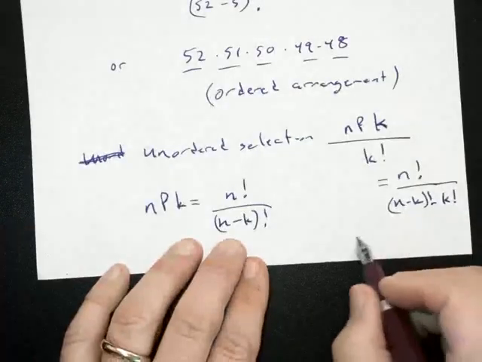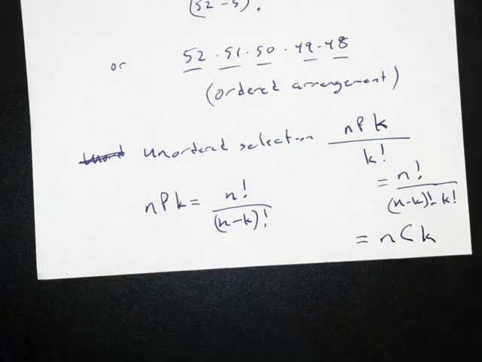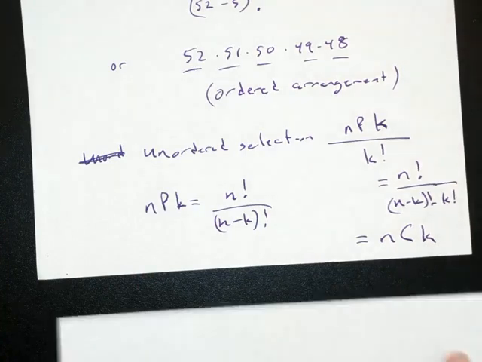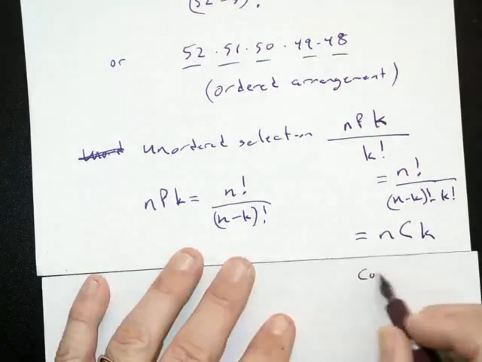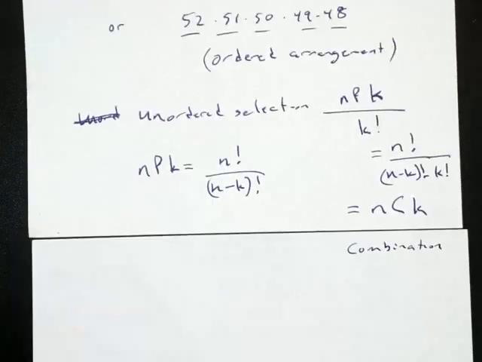We're going to call this a combination, nCk. So I have permutations and I have combinations. Again, I'm still not allowed to repeat things. All of this assumes that your cards or items are only used at most once.